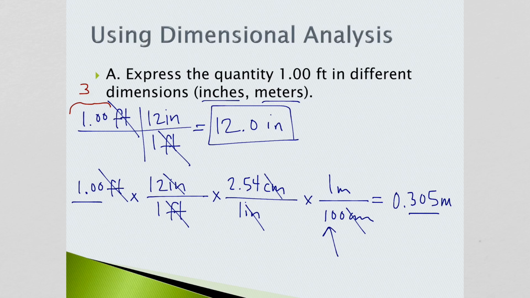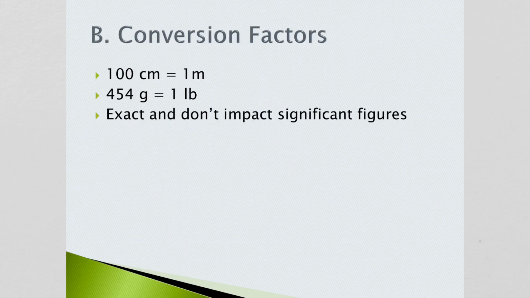So again, this particular conversion factor goes back to the metric system that we talked about at the beginning. This is a conversion between metric and English, and I will provide you with 2 more that will help you with the major systems: mass, length, and volume. And this is a conversion factor within the English or customary system. So what are those important conversion factors that you're going to need to know? And for the previous problem, again, this one comes from the metric system or the metric table from previously.